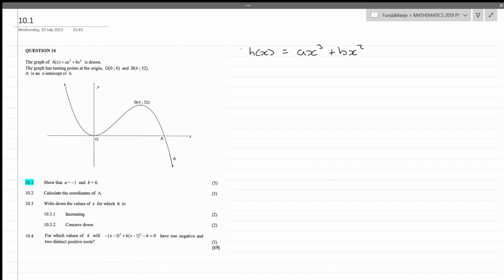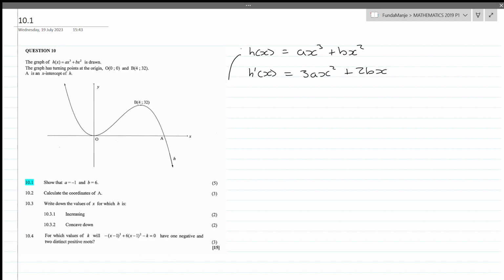What I can do is find the first derivative of this. That would be 3ax squared plus 2bx. Then I will use information that has been given to me on this graph and within this passage to try and find values to substitute.